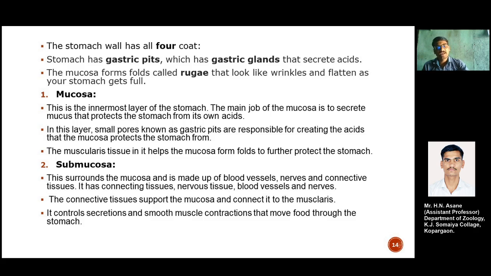That's why HCl takes charge in the stomach, so that the acidic environment of the stomach is maintained.